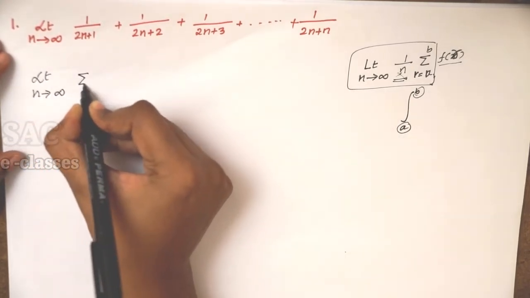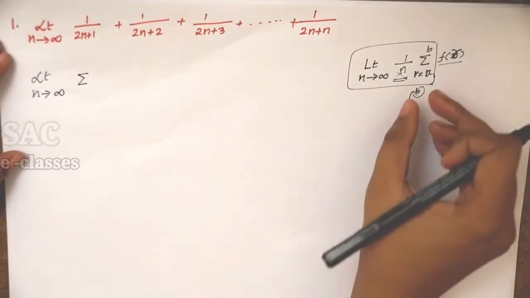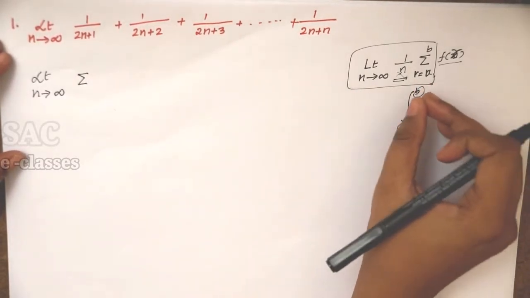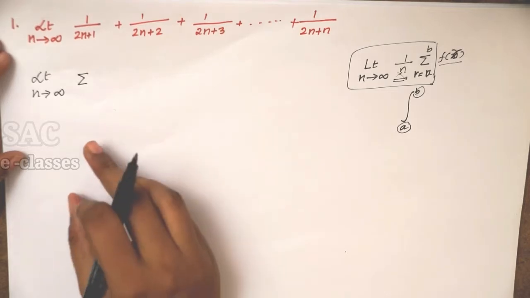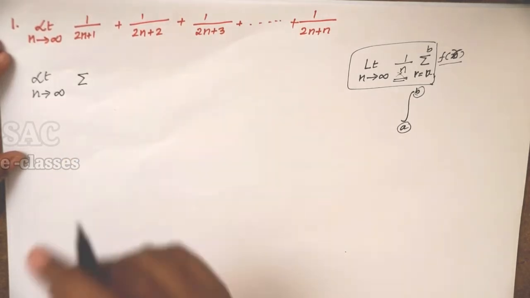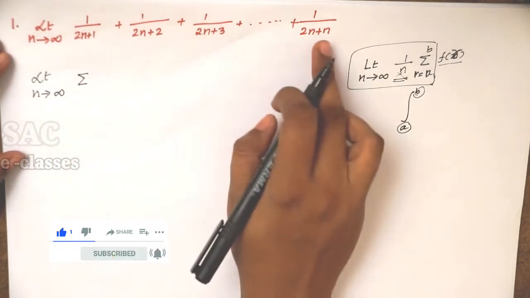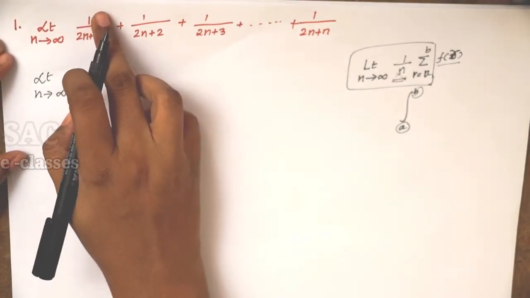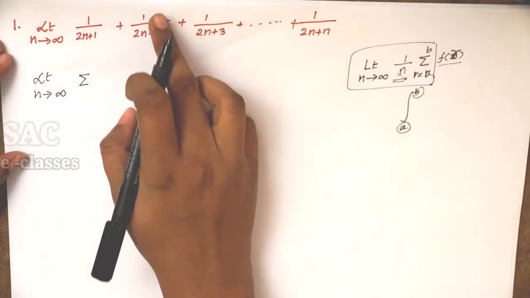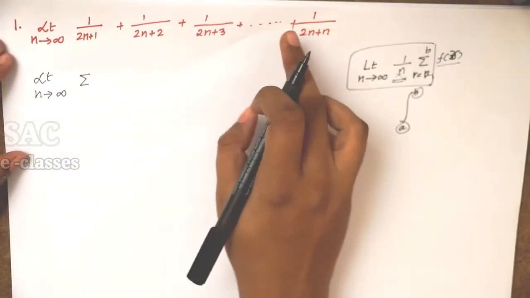Now use sigma with a variable, either r or i, that is our wish. Observe that everything is in the form 1 by 2n plus 1, 2n plus 2, 2n plus 3.